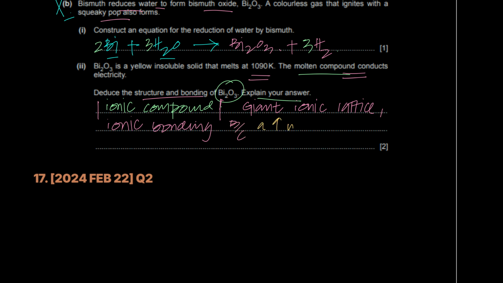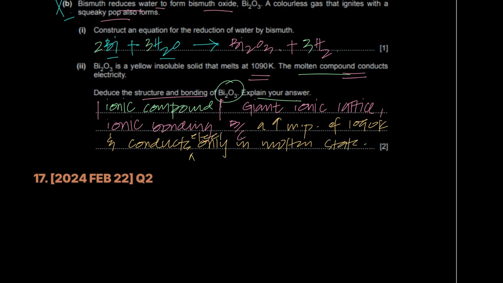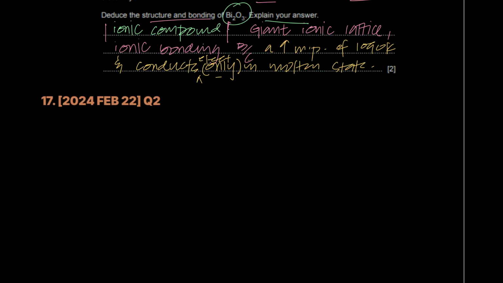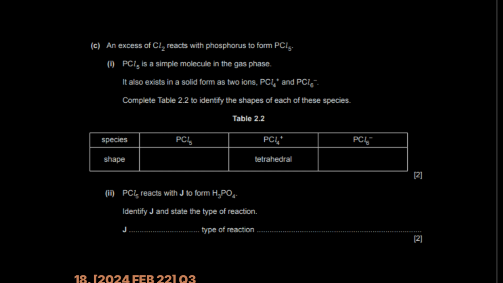A high melting point of 1090 Kelvin and conducts electricity only in molten state. Obviously it would conduct in aqueous as well, but it's not soluble. It's saying it's insoluble, so that's why I've written the term only. Conducts electricity only in molten state. Why not aqueous? Because it's insoluble in water. Yes, next.